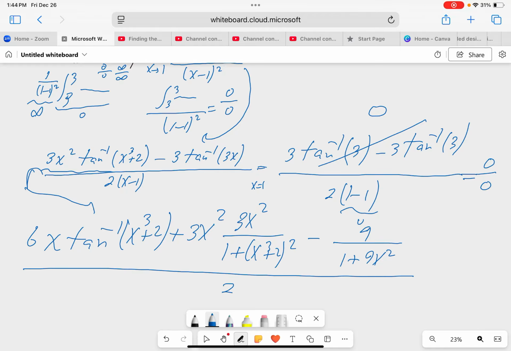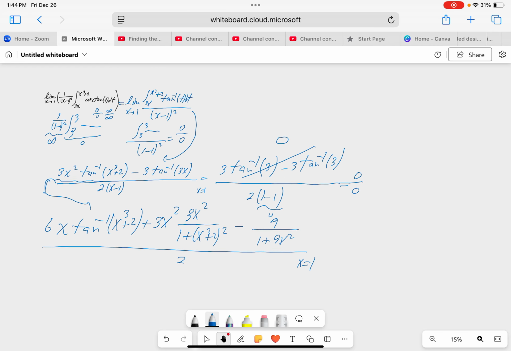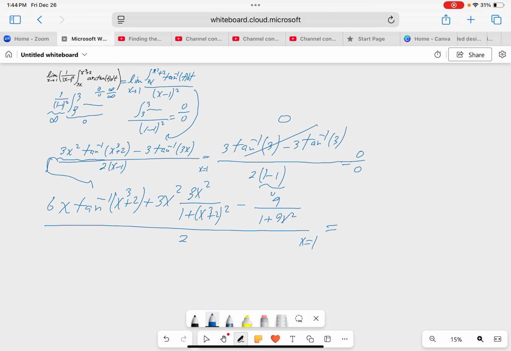All right. So now what we're going to do, we are going to replace x with 1, right? You want to get the limit, right? So if I replace x with 1, I'm going to get 6 times inverse tangent of 3.